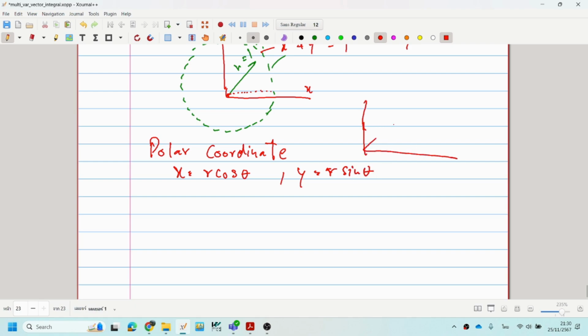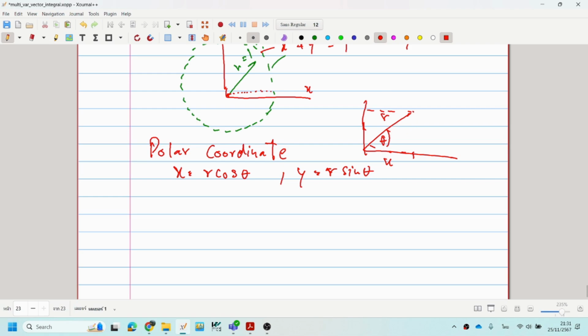You see here, r is the radius, and then theta. You need to find out the relation between r, theta and x, y. You must know this first, otherwise you could not transform to another coordinate system. You must know the relation between the new coordinate and the old coordinate first.